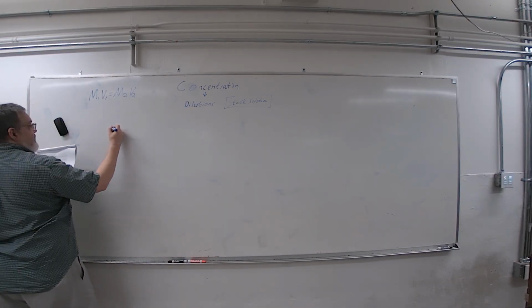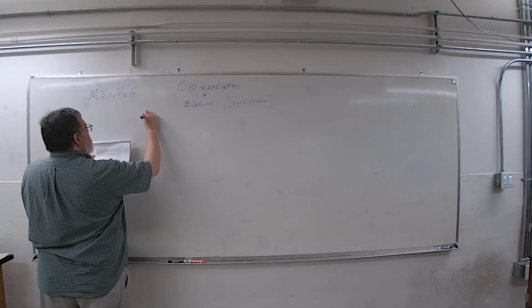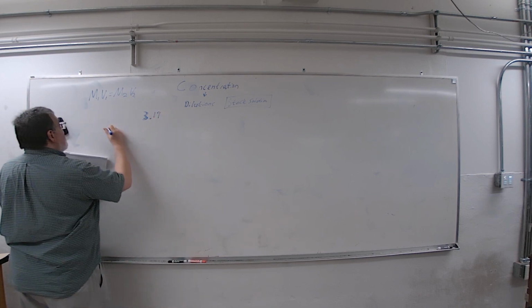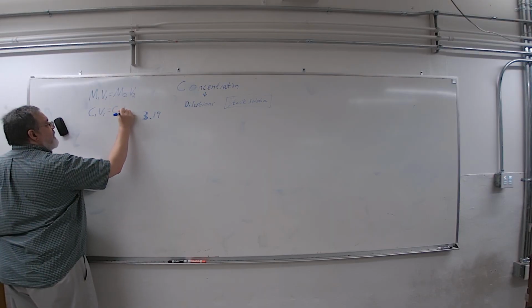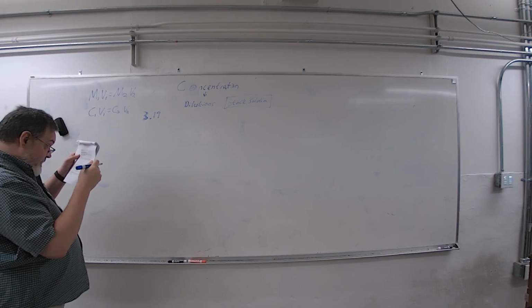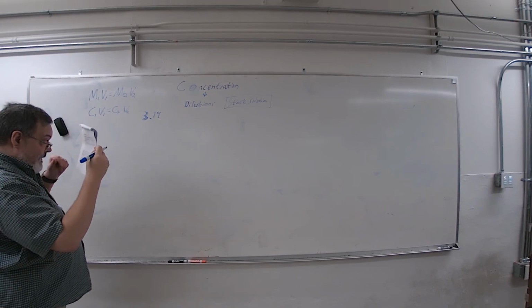Maybe I should use a C there because I'm going to say this is example 3.19. I guess I'll use a C because they do. And we're going to stick to the ones with molarity. All right.